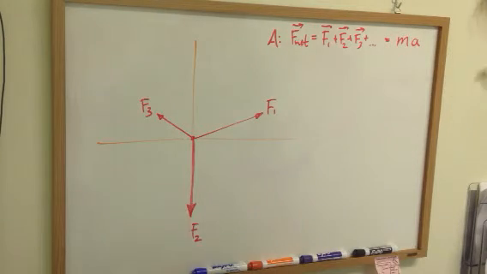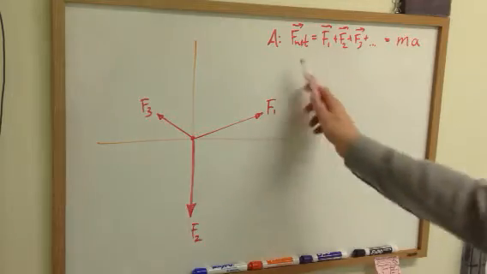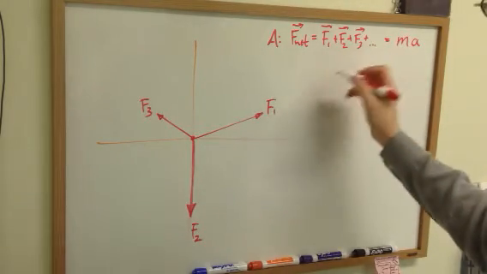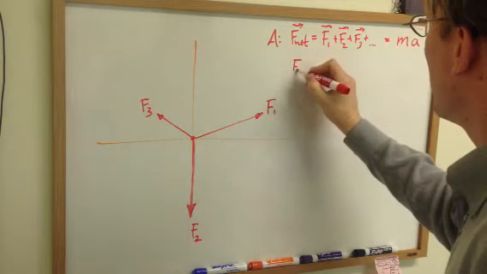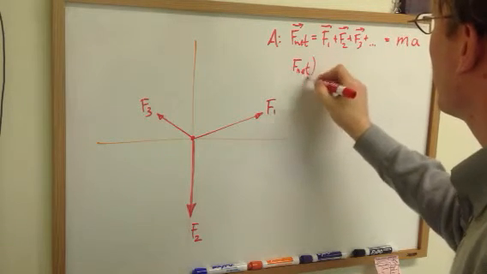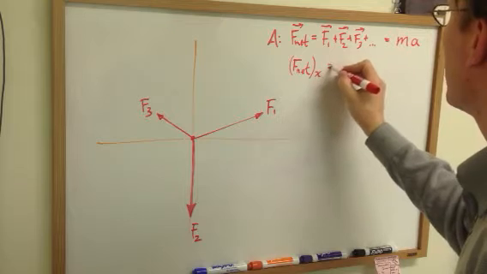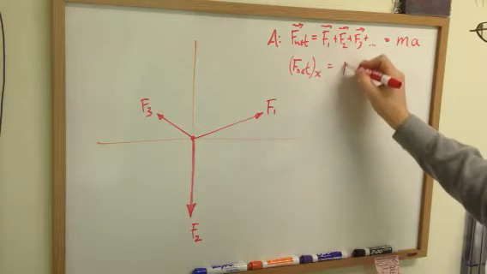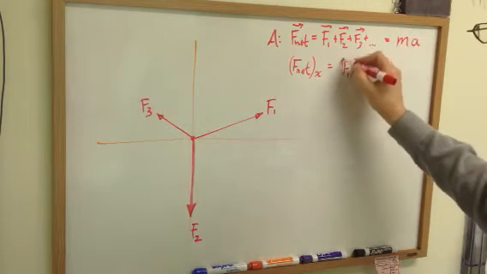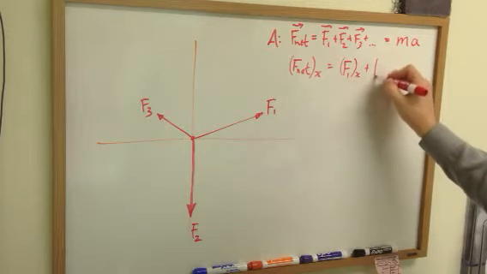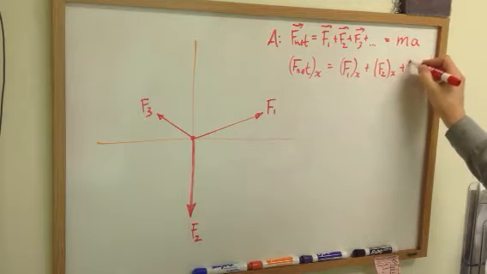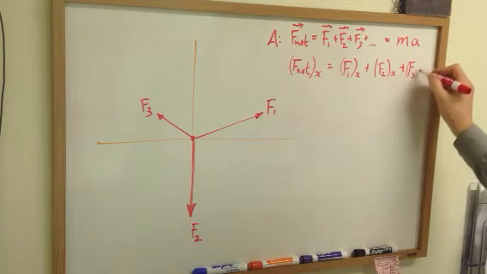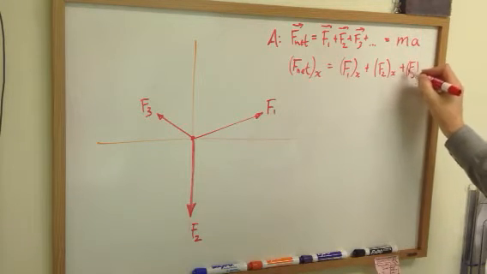We can calculate precisely what it is by solving this equation. Now these are all vectors, and that implies two things. The net force in the x direction is equal to F1 in the x direction plus F2 in the x direction plus F3 in the x direction.